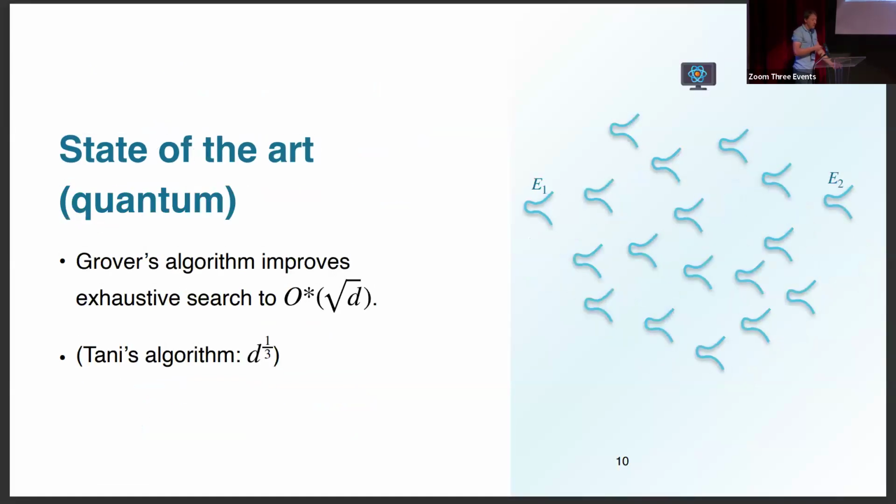And if we have a quantum computer at our disposal, then there's Grover's algorithm, which improves exhaustive search to O star of square root of D. And there's also Tani's claw finding algorithm, which is even more efficient, but it has somewhat unrealistic memory requirements.